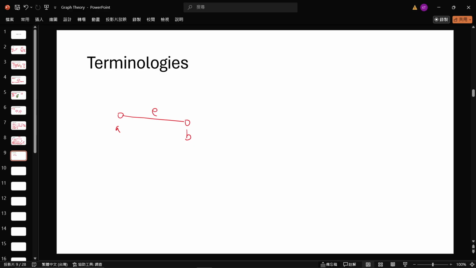So in this edge, we have two endpoints, A and B. Whenever I say endpoints, it must be that I'm considering some edge, and I'm referring to the left and right vertices associated with this edge. So these are endpoints, and we will say A is B's neighbor.